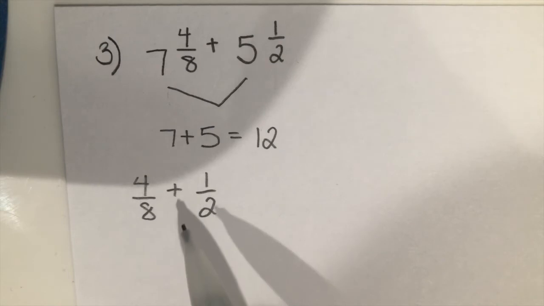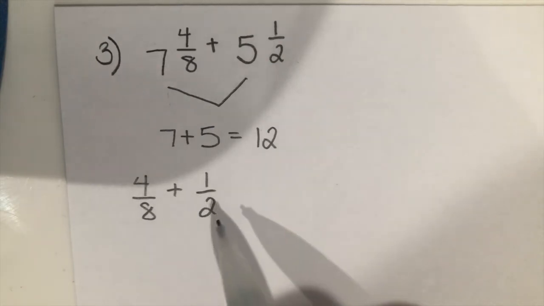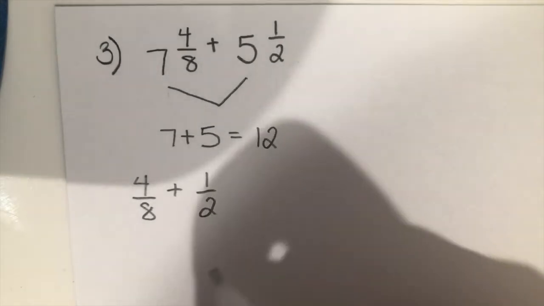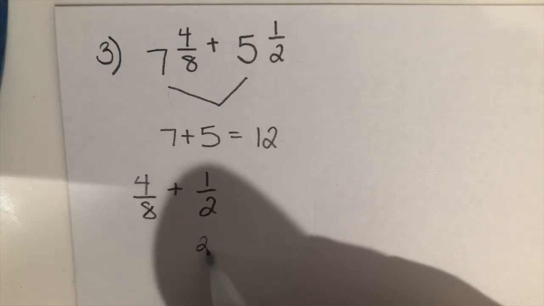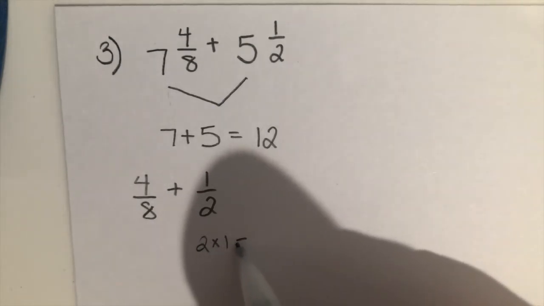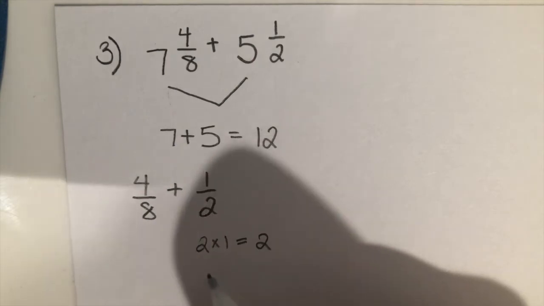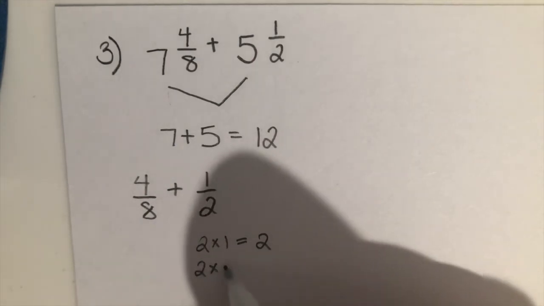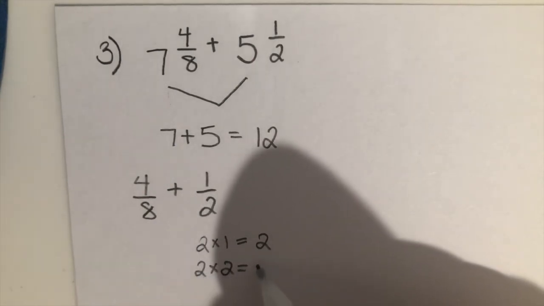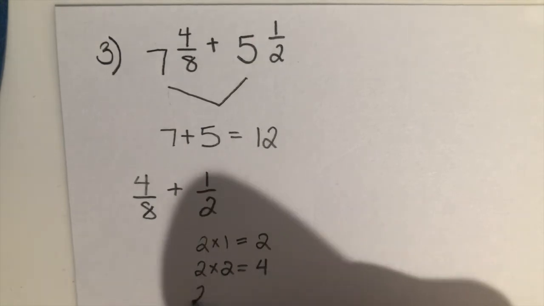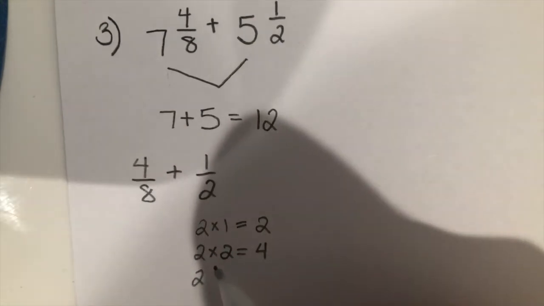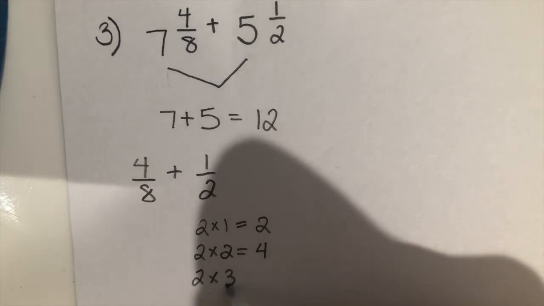Therefore, we need to see if we can get 8 with our 2. So we're going to try doing 2 times 1, which equals 2. So now we're going to do 2 times 2, which equals 4. 2 times 3, which equals 6.